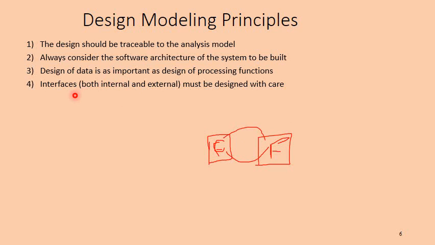Fourth is interfaces. Both the external and internal interface must be designed with care, as we discussed in the information domain. If you remember, in that information domain we were passing the information, data flow in and data flow out.